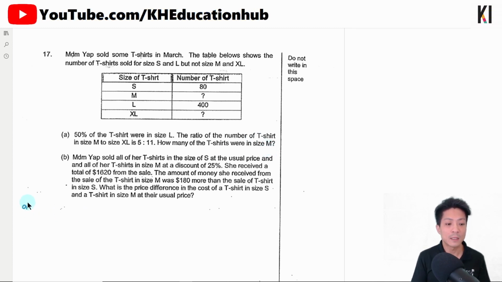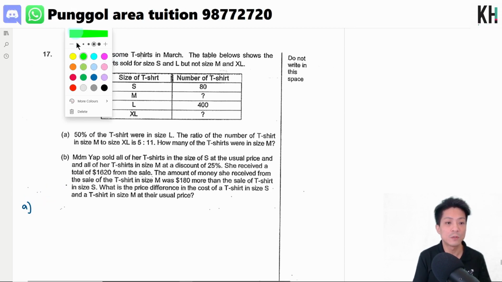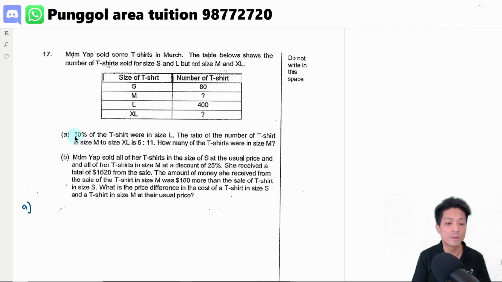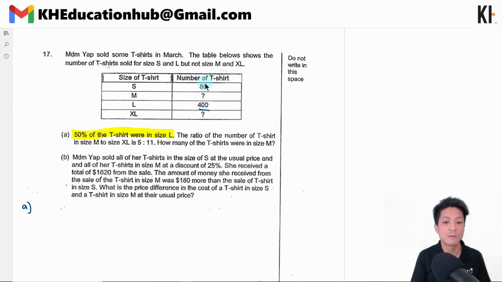For part A, the first info that you need to be clear about is this: 50% of the t-shirts were L. Since L is 400 over here, it means that 50% is equal to 400.